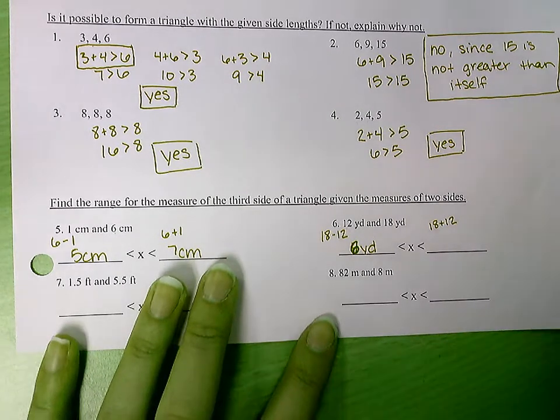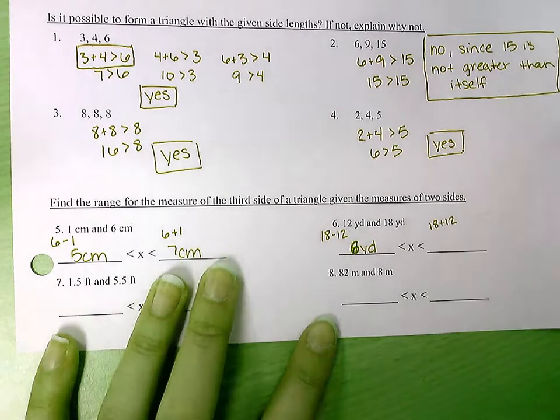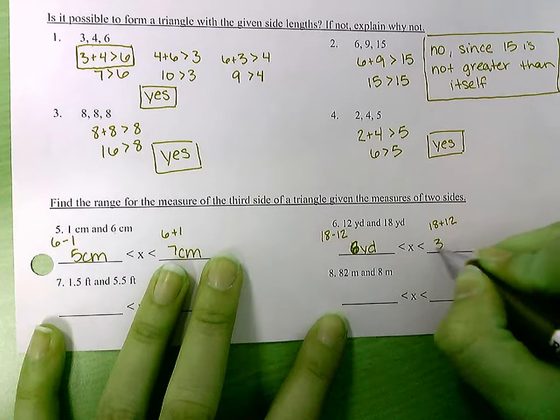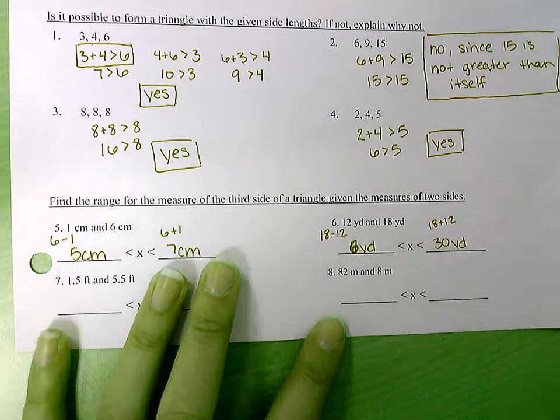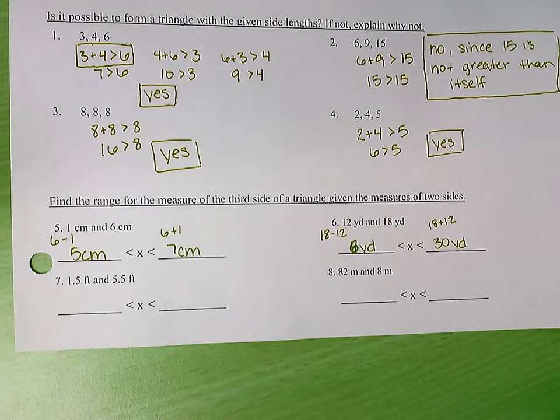And then we have 18 plus 12. That's 30. So my values can range between 6 yards and 30 yards. Okay, but it can't equal 6 and it can't equal 30. Just between those two.